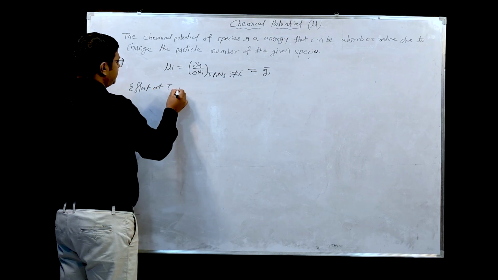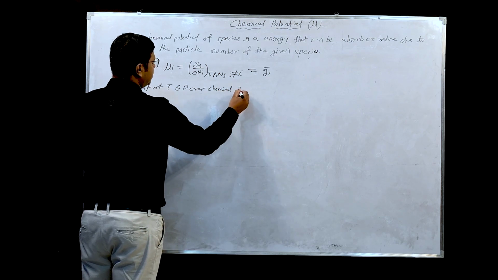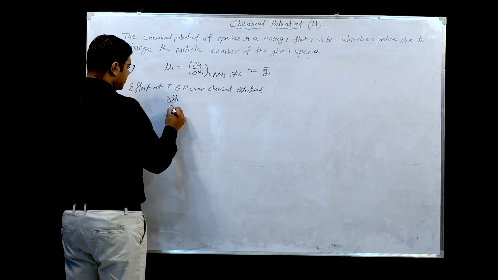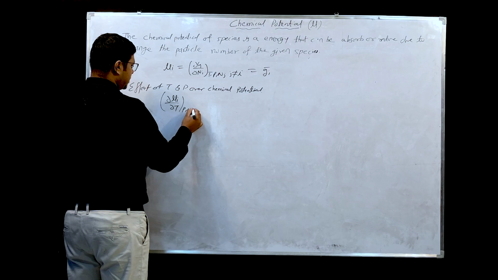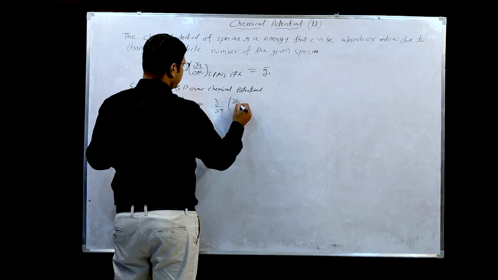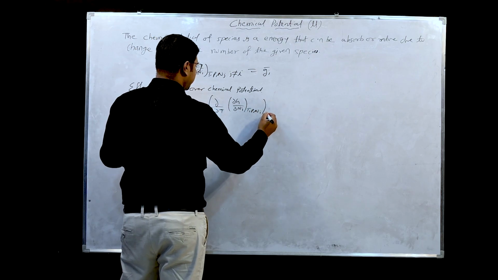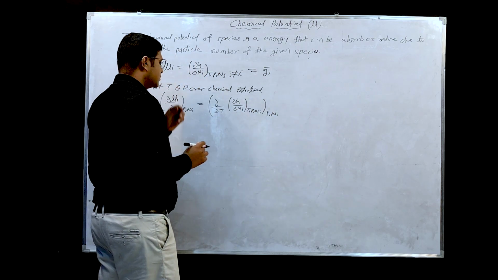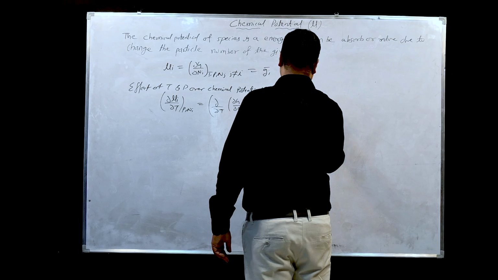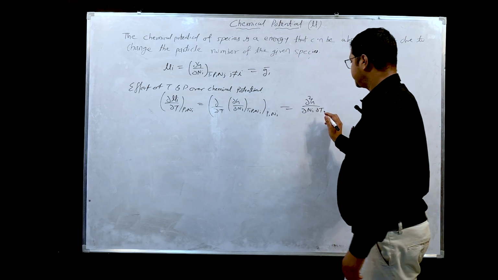So ∂mu i/∂T, keeping pressure and Ni constant, is equal to ∂/∂T of (∂G/∂Ni), at constant temperature, pressure and Nj. So let's rearrange, or we can write ∂²G/∂Ni∂T.